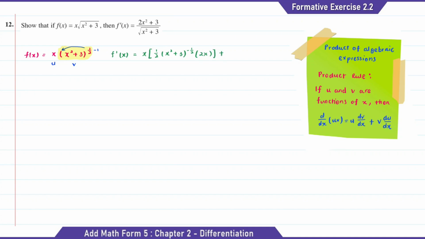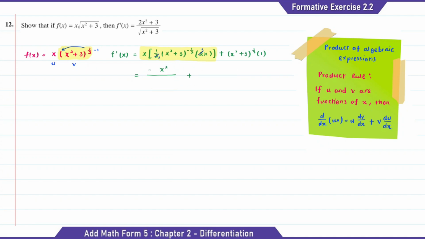Then plus the v, x squared plus 3 to the power of 1 over 2. Then differentiate the u, which is 1. So here we can cancel the 2. For this part, x times x, we're going to get x squared over x squared plus 3 to the power of 1 over 2 plus x squared plus 3 to the power of 1 over 2.